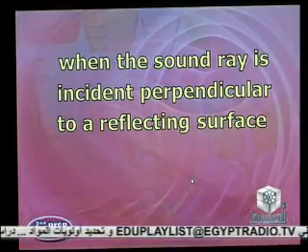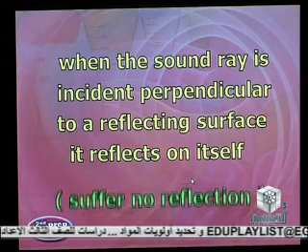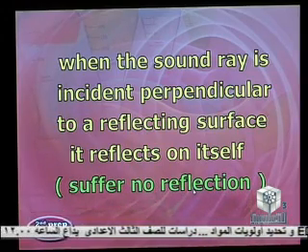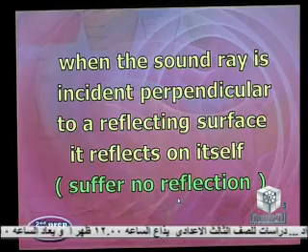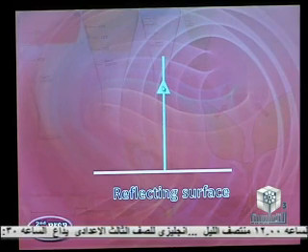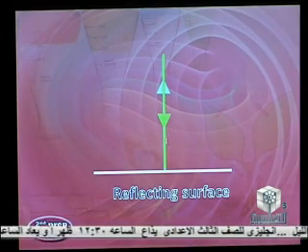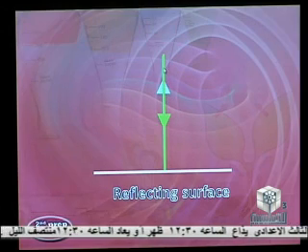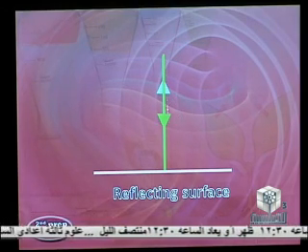Let's move to another point. When the sound ray is incident perpendicular to a reflecting surface, it reflects on itself and suffers no deviation, since the angle of incidence equals the angle of reflection and equals 0. This is a reflecting surface, the incident ray is the green one, and the reflected ray is the yellow one.